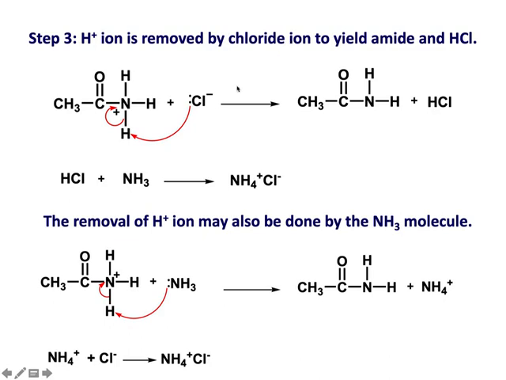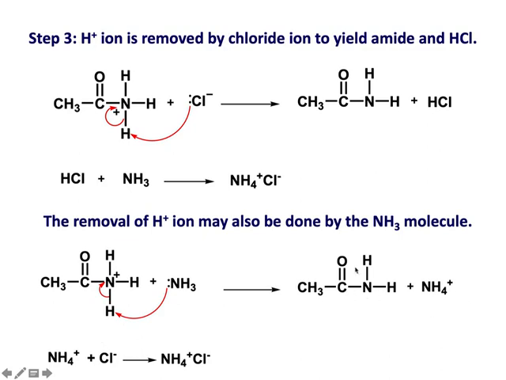And this one is chloride ion, but the same process can also happen with an ammonia molecule, because the ammonia molecule has a lone pair. So this lone pair abstracts this proton to form ammonium ion, and this one becomes the amide product.